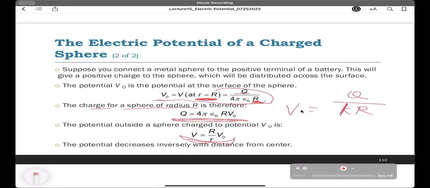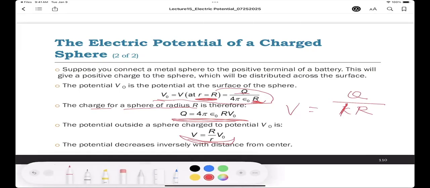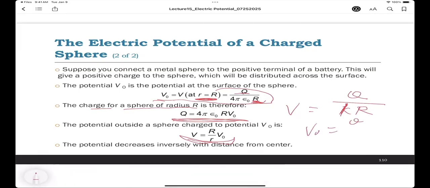Yeah, we know V0 equals Q over 4 pi epsilon R, and V equals what? Q over 4 pi epsilon small r. So V should equal this one multiplied by R over r.